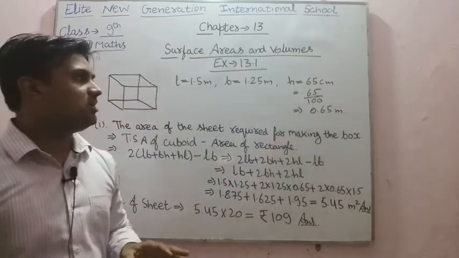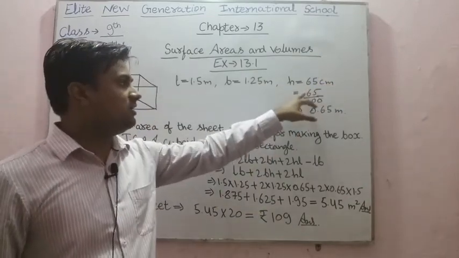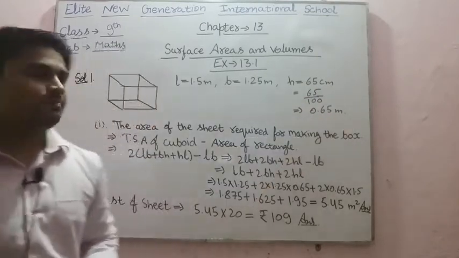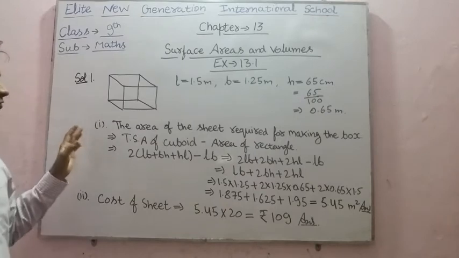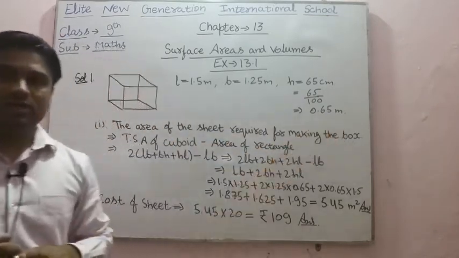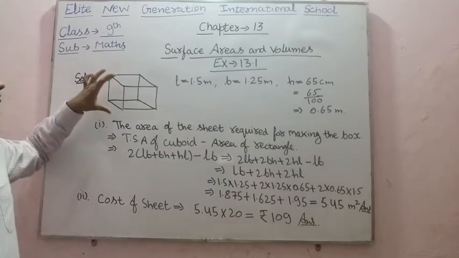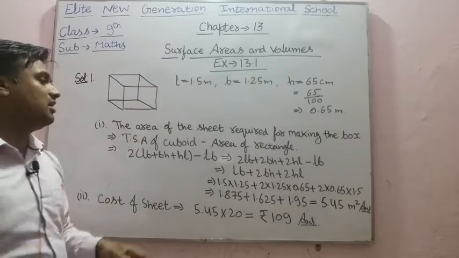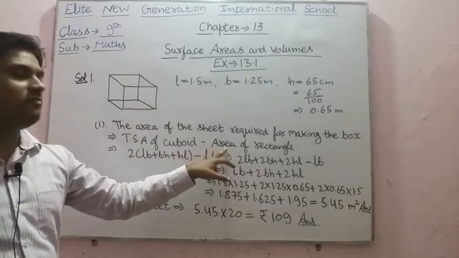We will convert this centimeter into meter by dividing by 100, so it will be 0.65 meter. Now we have to find the area of the sheet required for making the box.